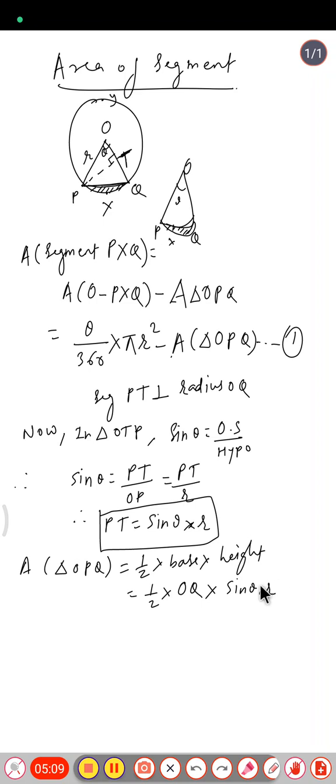Clear? So we know the value of OQ is r, into r sin theta into 1 upon 2. So we get 1 upon 2 r square sin theta. Clear? That is the area of triangle.